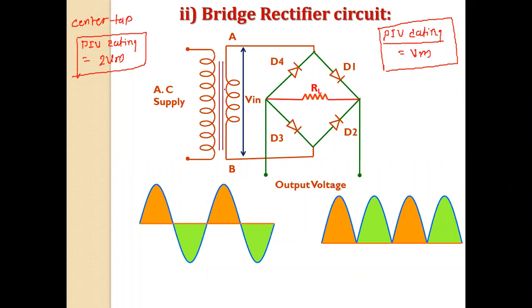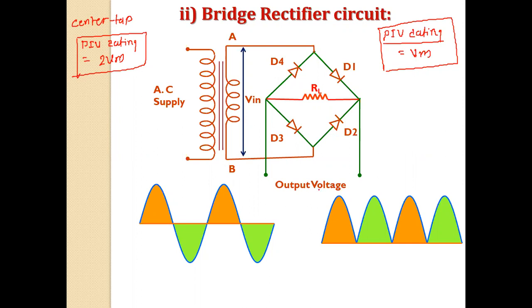The first drawback is that in the bridge rectifier circuit the center tap transformer is not required, and the second drawback is that the PIV rating of a bridge rectifier circuit is VM, and in terms of center tap it's twice VM.